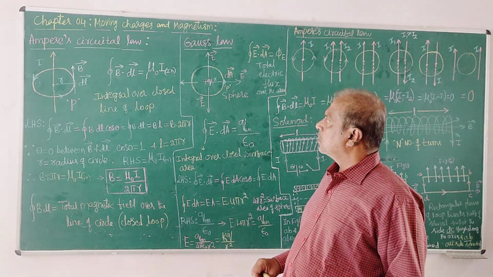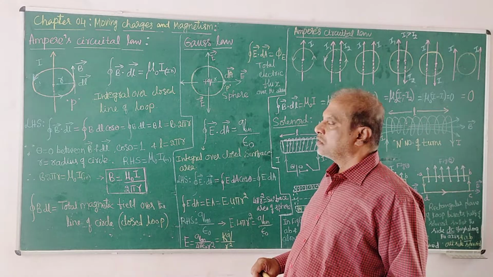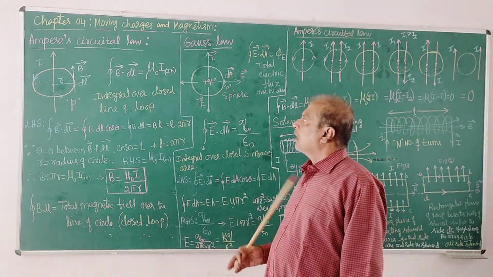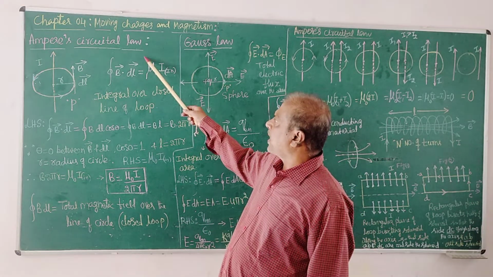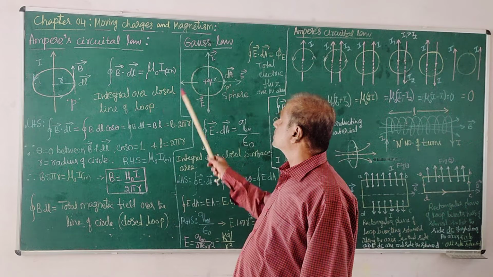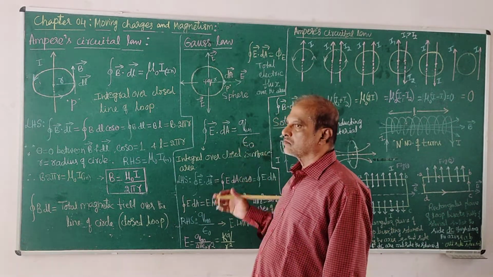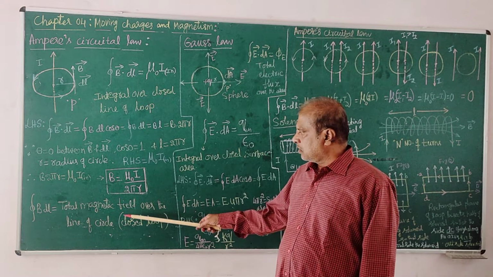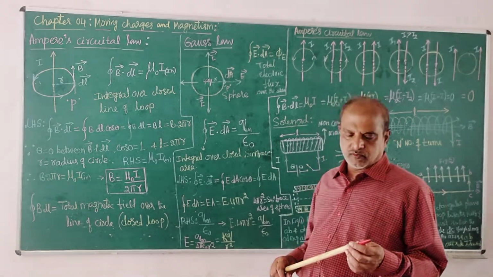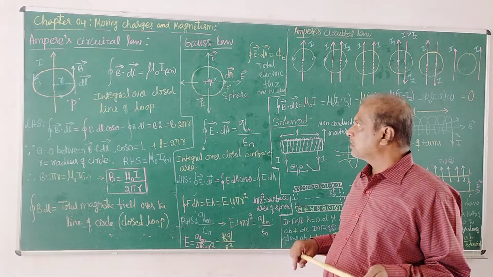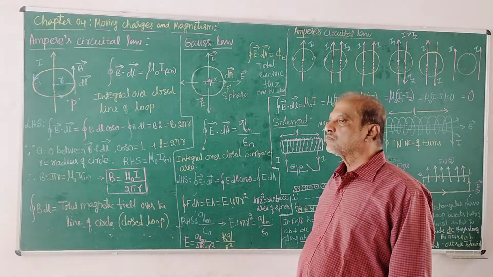Ampere's circuital law is analogous to Gauss law. Ampere's circuital law of magnetism is analogous to Gauss law of electrostatics. Similarly, Biot-Savart's law of magnetism is analogous to Coulomb's law of electrostatics.